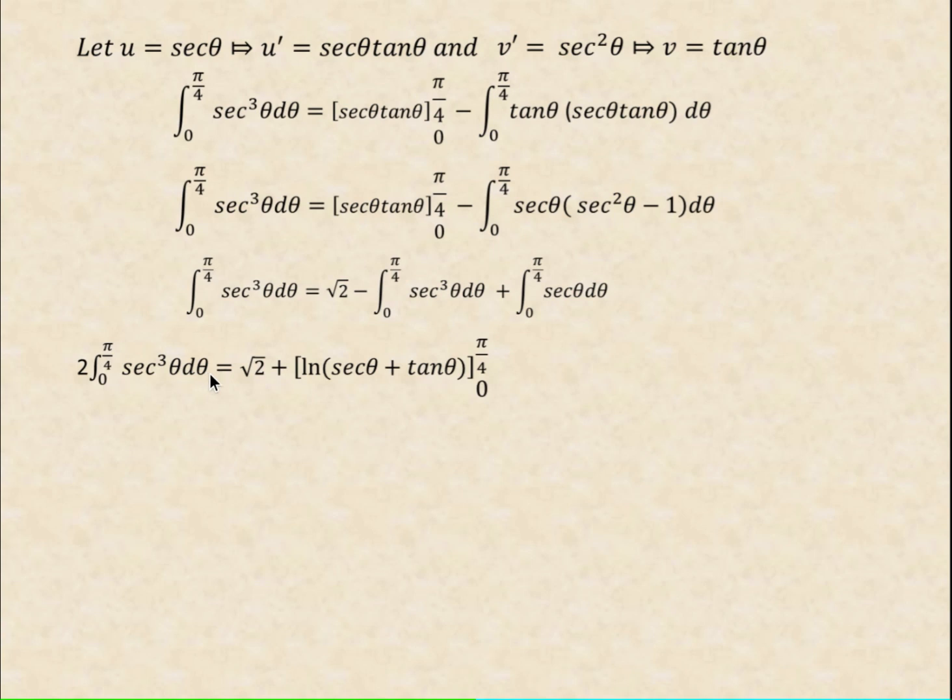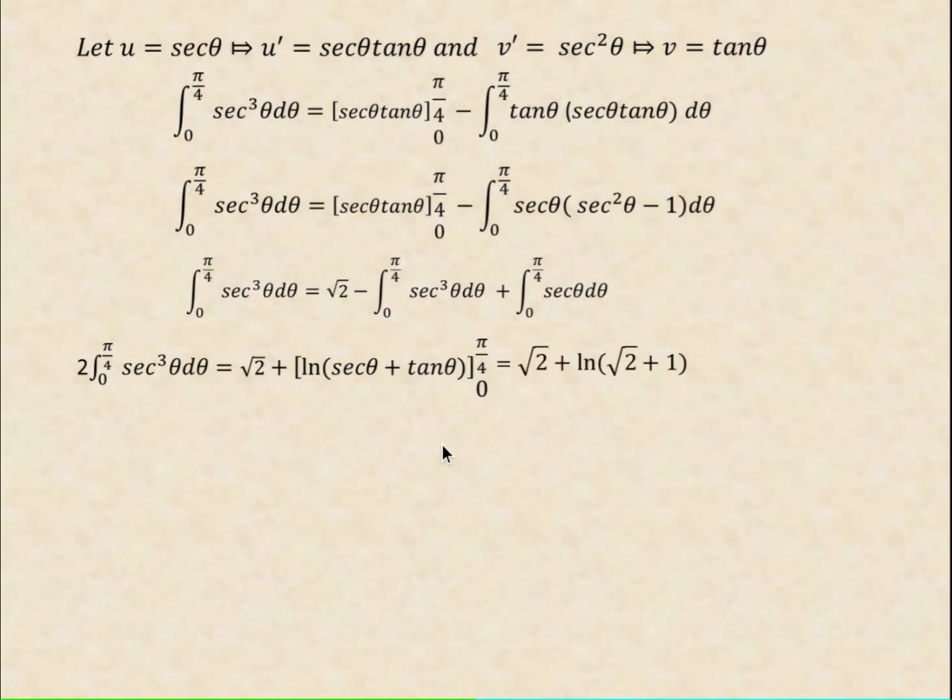theta d theta equals root 2 plus the integral of sec theta d theta, which actually gives ln of sec theta plus tan theta. And we have to execute the limit substitution from 0 to pi over 4.